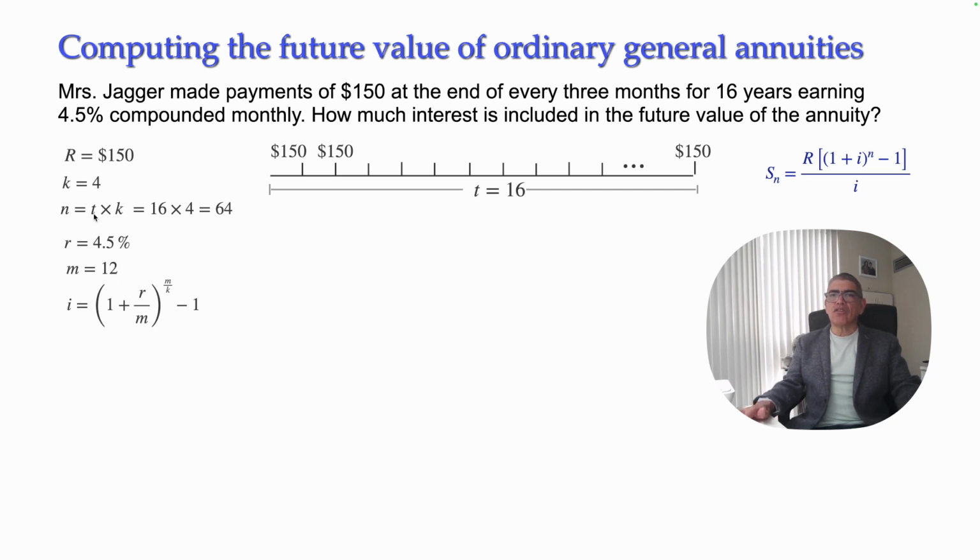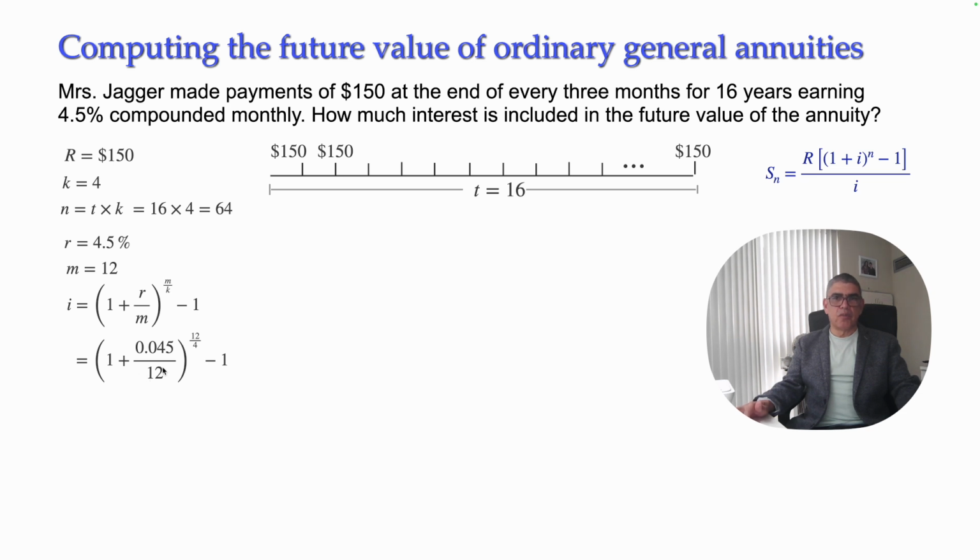So make a substitution of everything. 0.045 is the nominal rate of interest. 12 is the number of conversion periods per year. And here, the number of conversion periods per year is divided by the number of payments per year. It's easy to remember: the number of conversion periods is always in the exponent, at the top, and in the rate of interest, at the bottom.